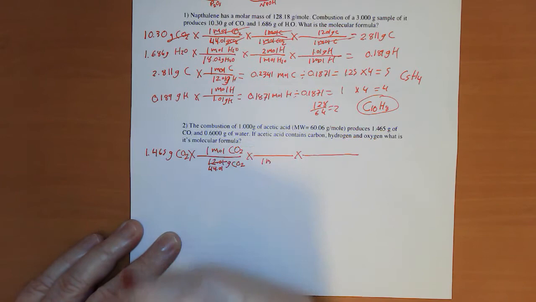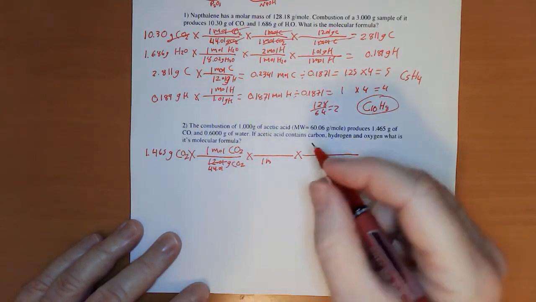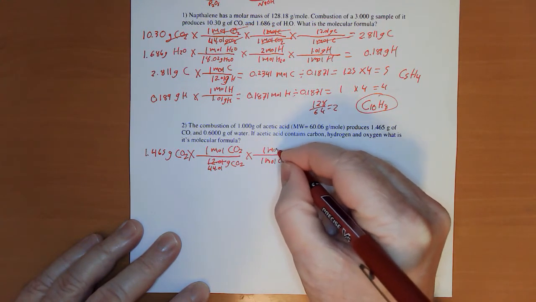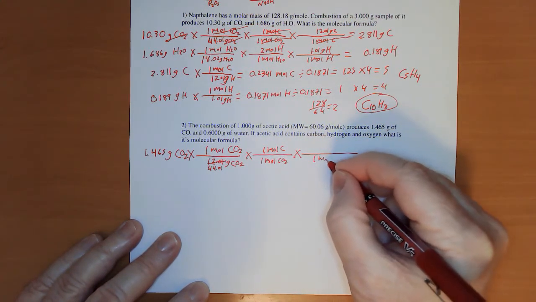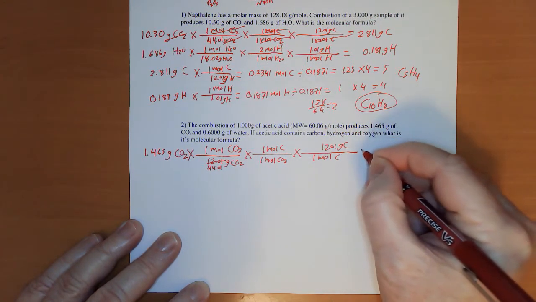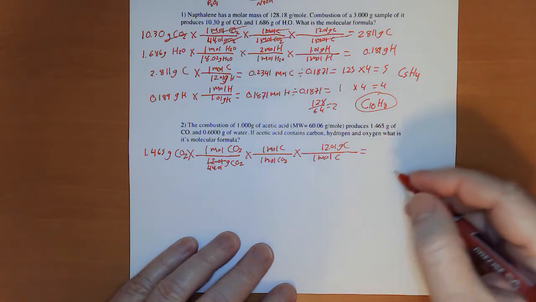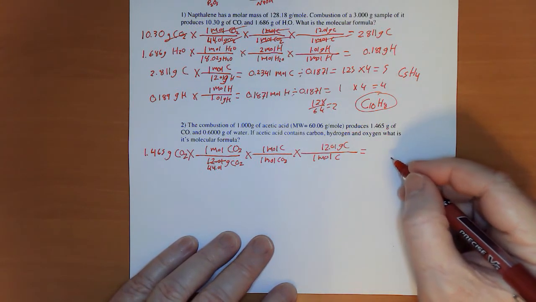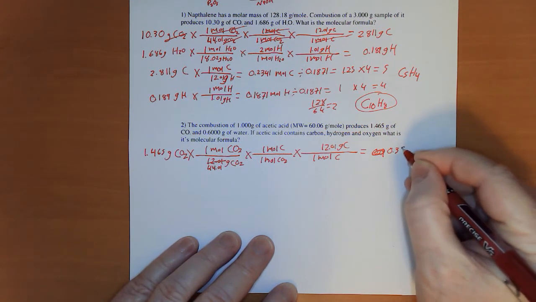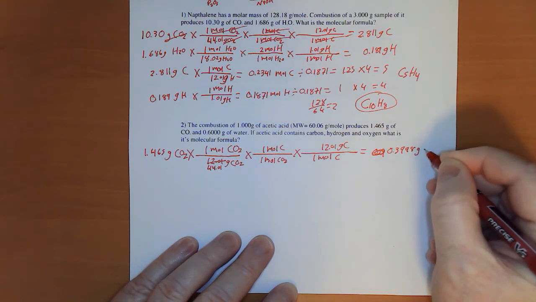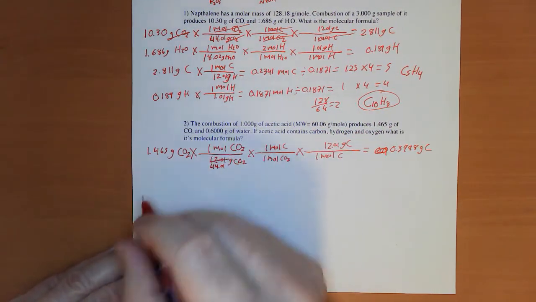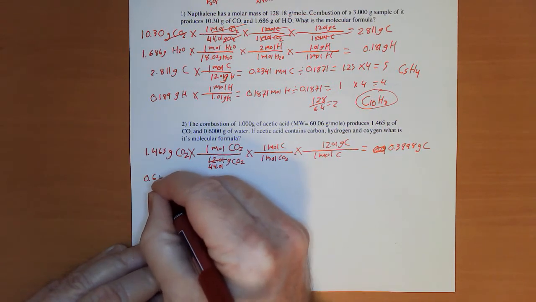This is CO2, my bad, apologize for that. 1 mole CO2 is 1 mole carbon, and 1 mole carbon is 12.01 grams carbon. That gives 0.3998 grams carbon.